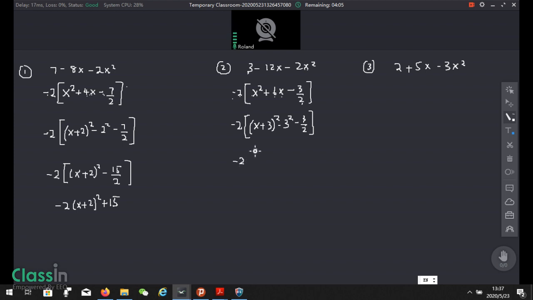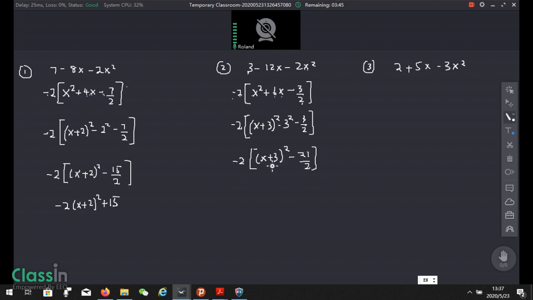So we get negative 2 times x plus 3 all squared, minus 9, because 3 squared is 9, minus 3 over 2, which will give us negative 21 over 2.